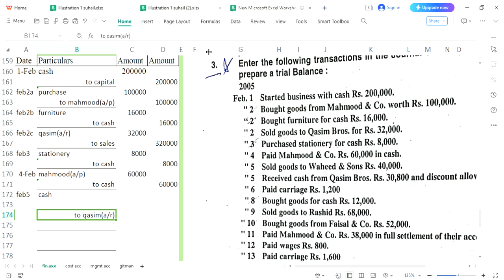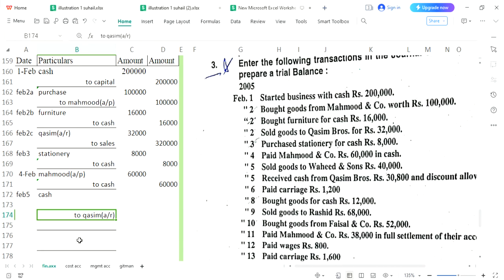As I've said, Qasim is an account receivable. Account receivables are assets, and assets should be mentioned on the debit side. But contrary to that, we are mentioning Qasim on the credit side. Why? Because we have received the amount. He is no more our account receivable, no more our asset. Assets are decreased, and a decrease in asset should be mentioned on the credit side. That is why you see Qasim written on the credit side.